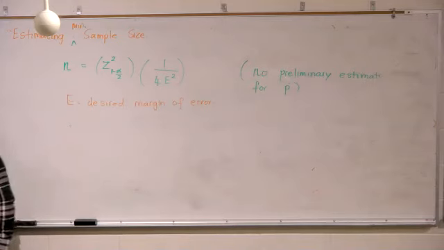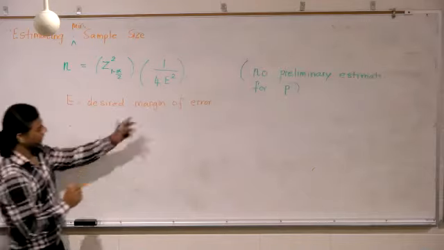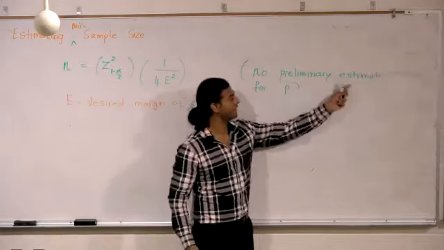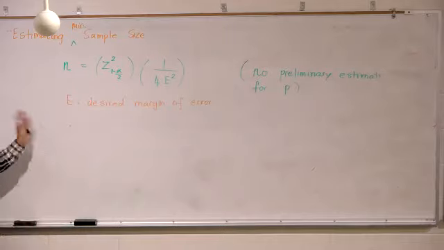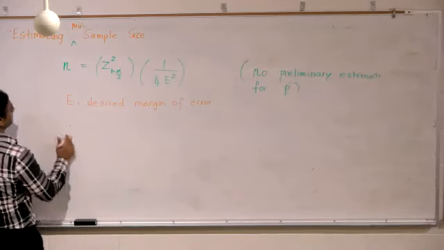But if someone did a study in the past and they came up to you and said, I have a p hat value, let's use that information from the past. Well, p hat is the preliminary estimate for p, right? So if someone said that, then I would use this formula.